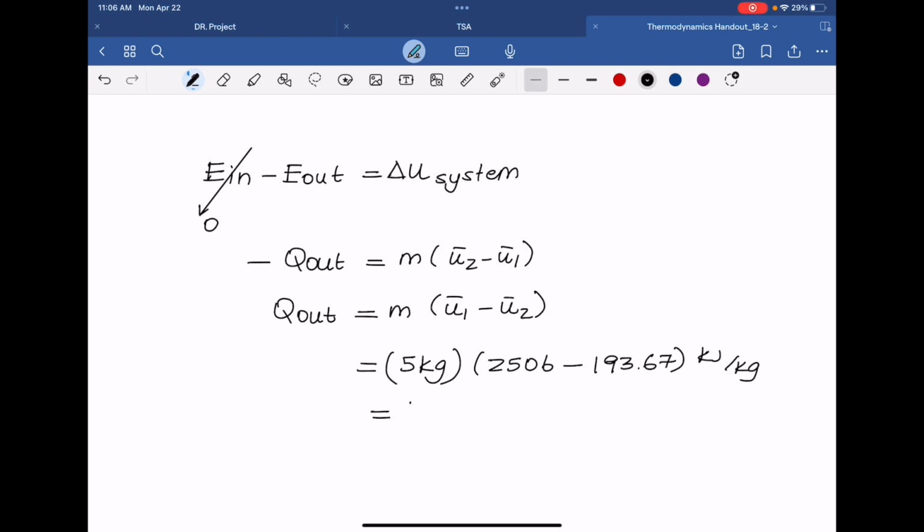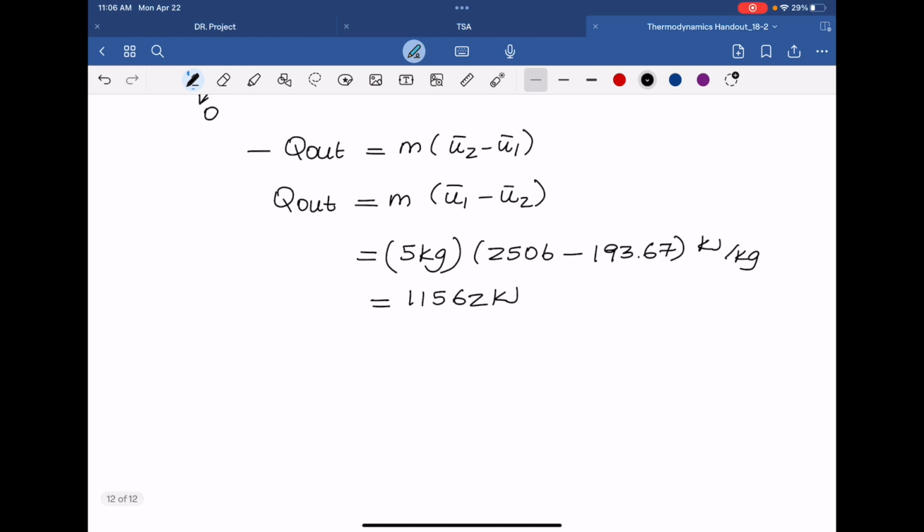It is 11,562 kilojoule. That is the heat getting out of our system, which is getting in to the surrounding. So therefore, if we want to find the entropy generated, or the total entropy change, we need to sum up the entropy change of our water plus the surrounding.